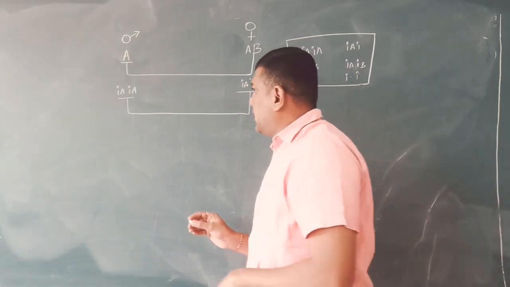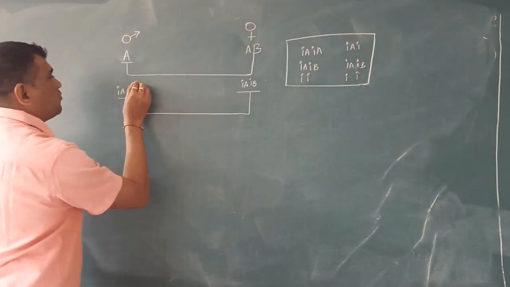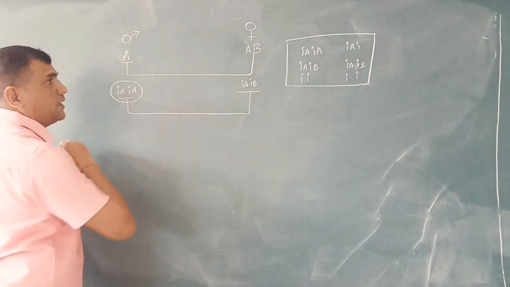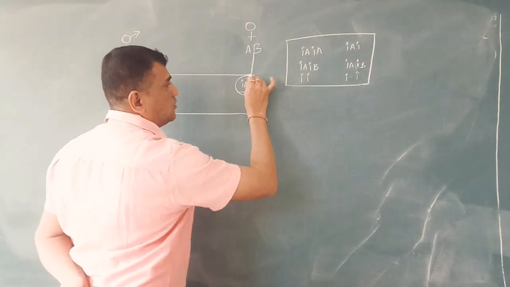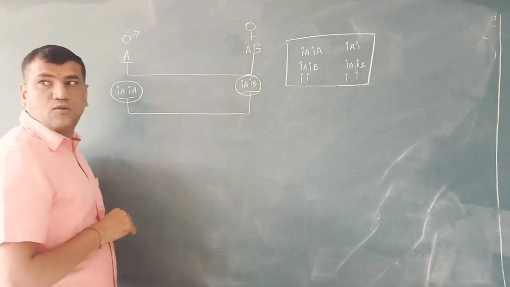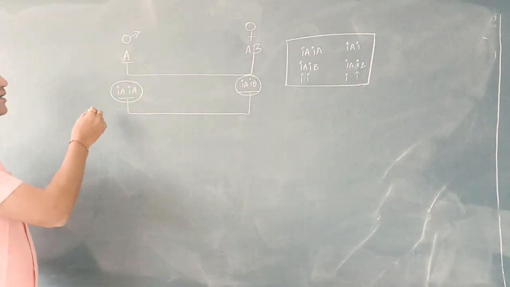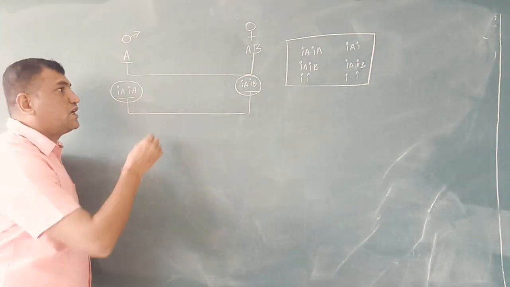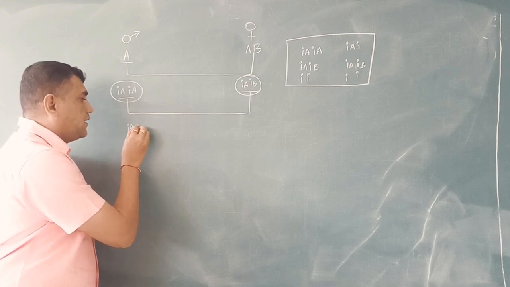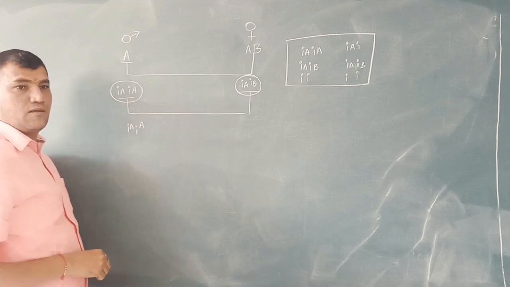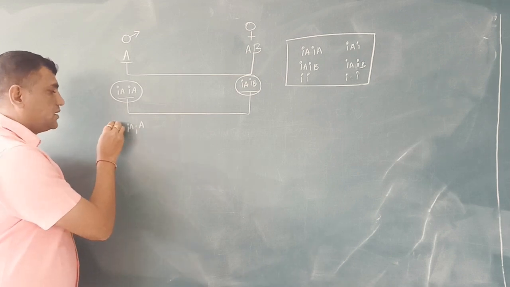Here both are dominant. Here also dominant character only shown. There is a possibility of mostly getting either dominant IA, one possibility.